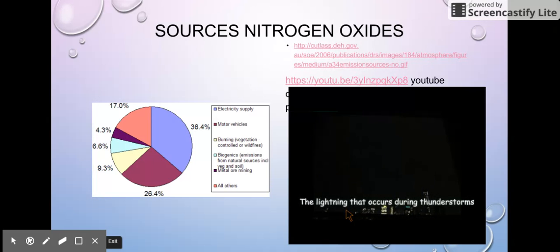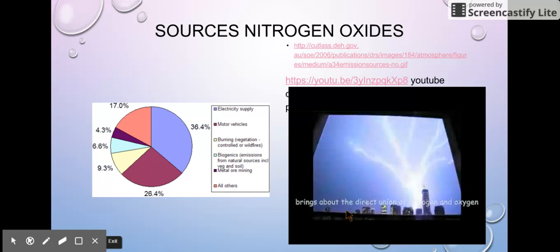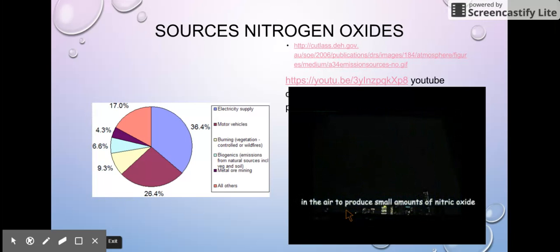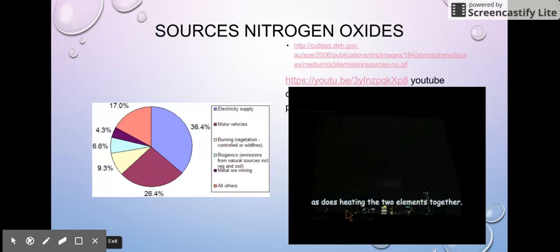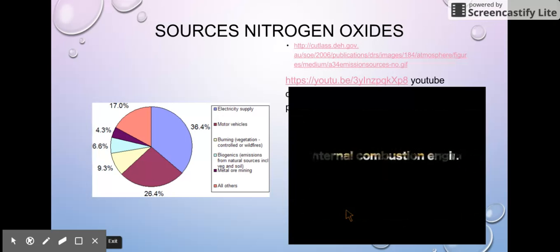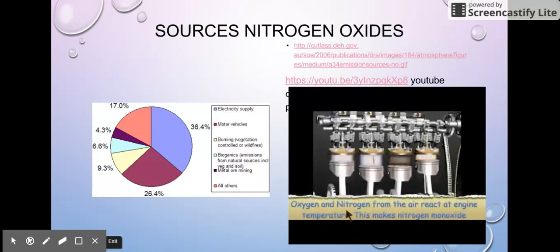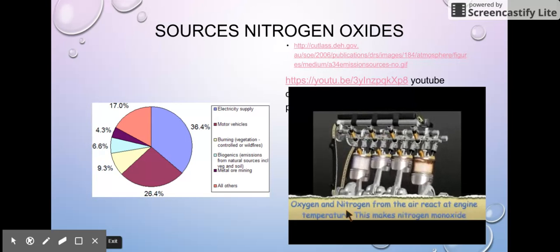The lightning that occurs during thunderstorms brings about the direct union of nitrogen and oxygen in the air to produce small amounts of nitric oxide, as does heating the two elements together. Oxygen and nitrogen from the air react at engine temperature.